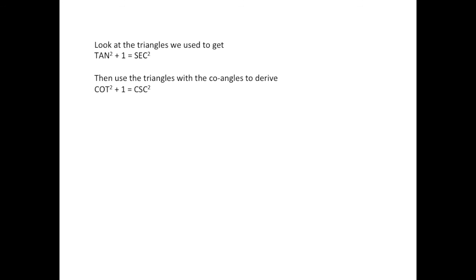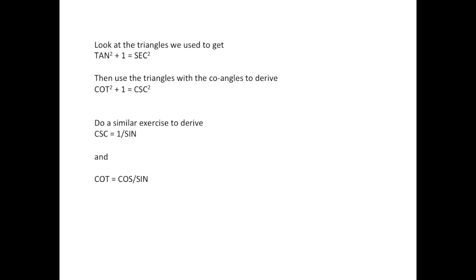Then find the appropriate triangles, and just like we came up with secant equals 1 over cosine, see if you can derive the identity that cosecant equals 1 over sine. And finally, just like we had tangent equals sine over cosine, see if you can work out that cotangent equals cosine over sine. All right, there we go.